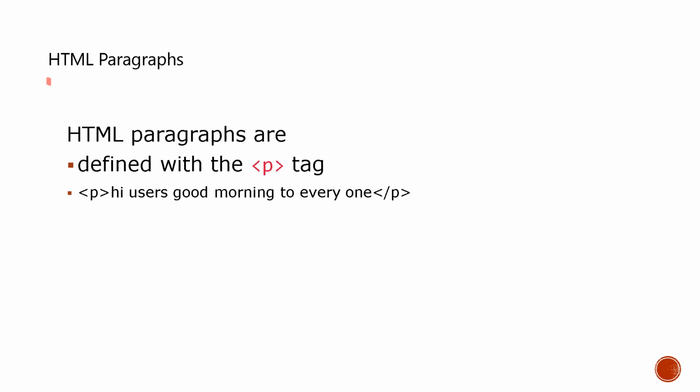HTML paragraphs. The paragraph tag is defined by P. Here let us define P. It has an open tag and a closed tag.